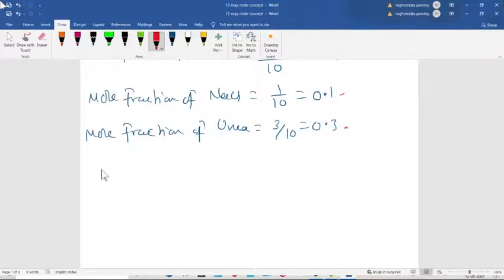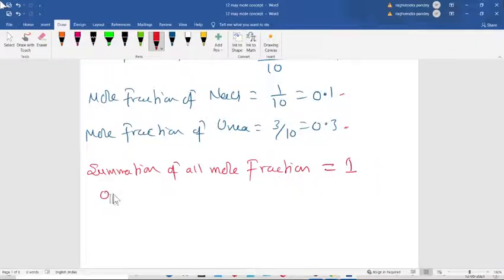So we can write that the summation of all mole fractions is equal to 1.